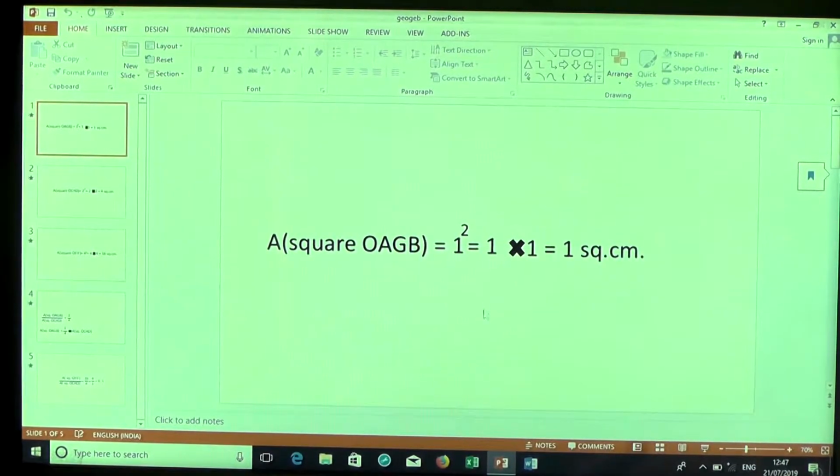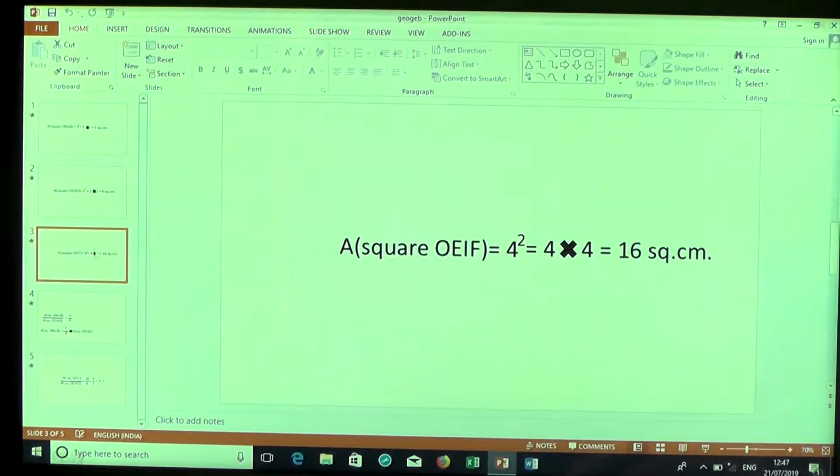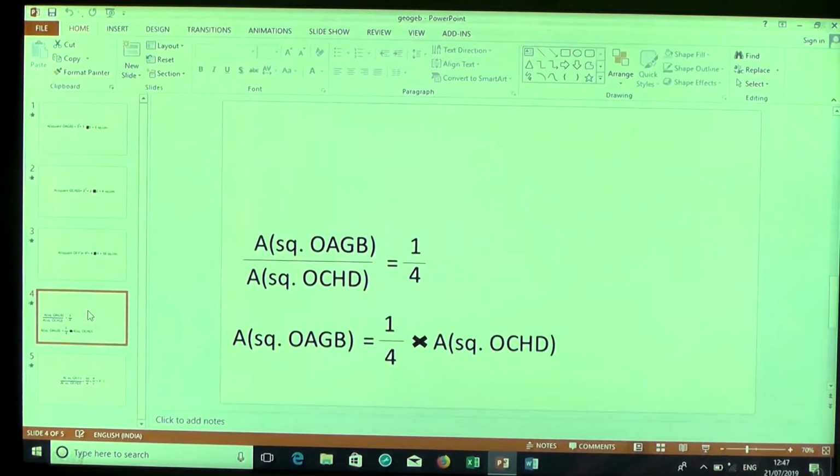Listen here. Area of square OAGB equal to 1 square equal to 1 into 1 equal to 1 square unit. Area of square OCHD equal to 2 square equal to 2 into 2 equal to 4 square units. Area of square OEIF equal to 4 square equal to 4 into 4 equal to 16 square units.